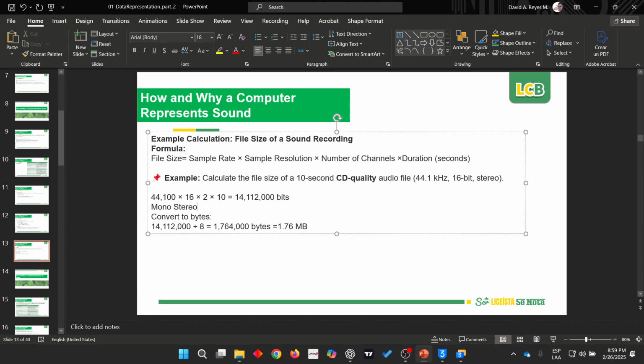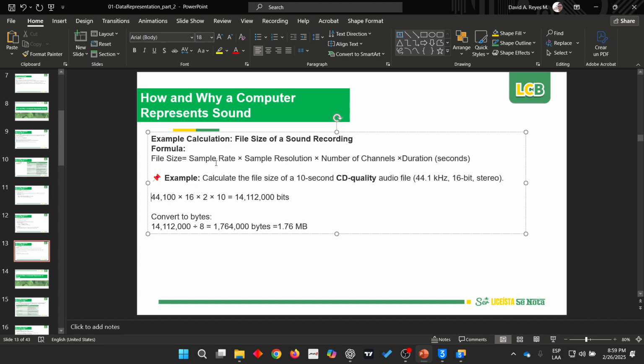Let's suppose that someone playing the guitar sounds in both speakers, but the piano sounds in the right speaker, and the flute is in the left speaker. That means stereo. So mono is one channel, stereo is two channels. And obviously the duration of the track or of the song in seconds.